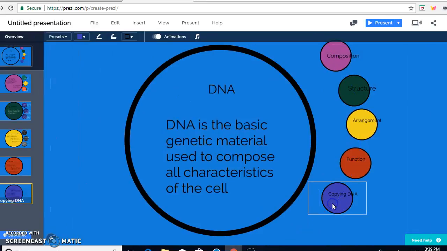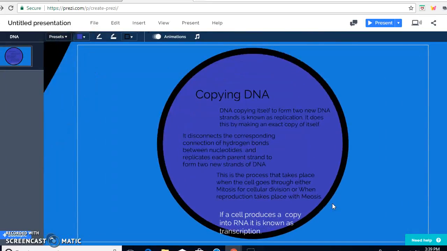How is DNA copied? We said something a little bit earlier about copying from the 3' to 5' end of DNA basically during replication. Well, DNA copying itself is to form 2 new DNA strands, and that is known as replication. It does this by making an exact copy of itself. Basically, it'll rip apart at one end, and it will put corresponding C's to G's, A's to T's, and follow that particular pattern.